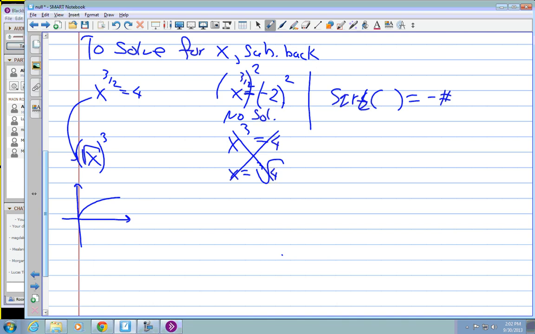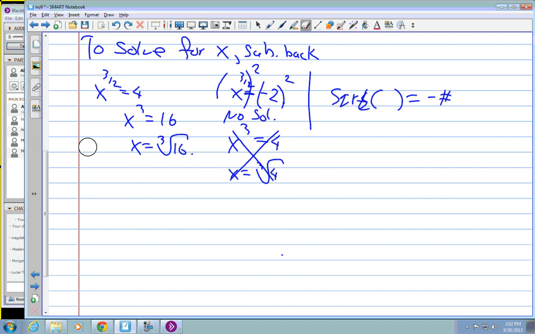This one, we would solve the exact same way. We would square both sides, so x cubed equals 16. And then you would take a cube root, so the cube root of 16. Whatever that number is will be the solution to our equation. I can simplify it a little bit further.